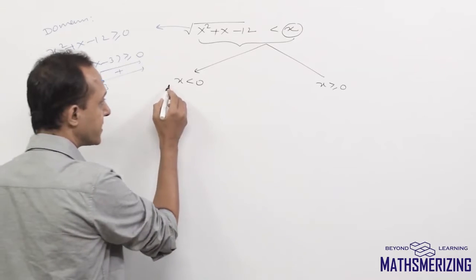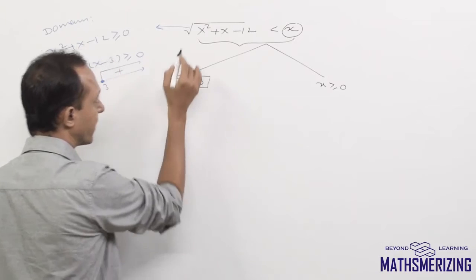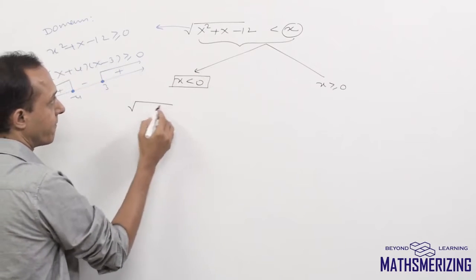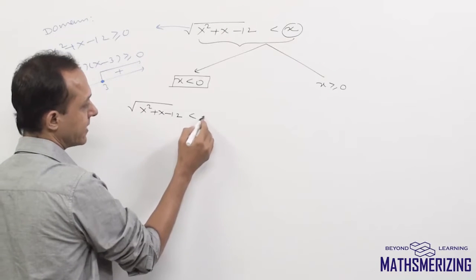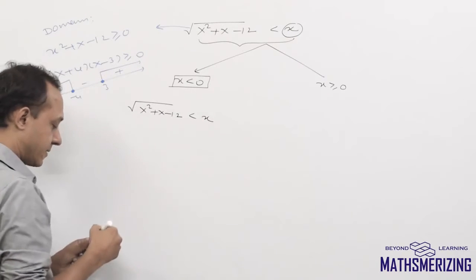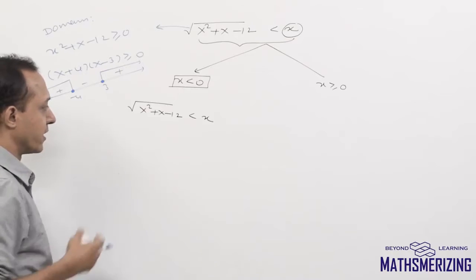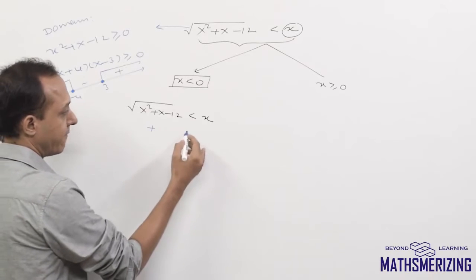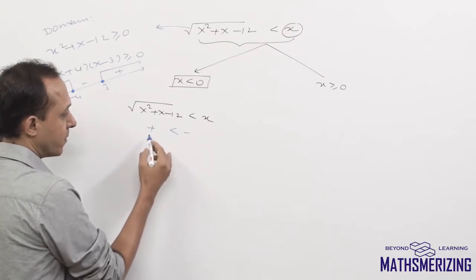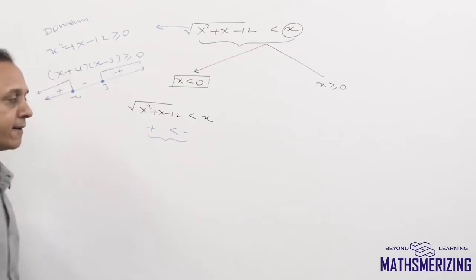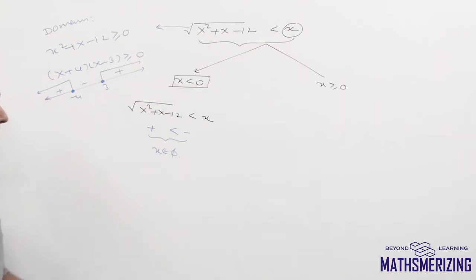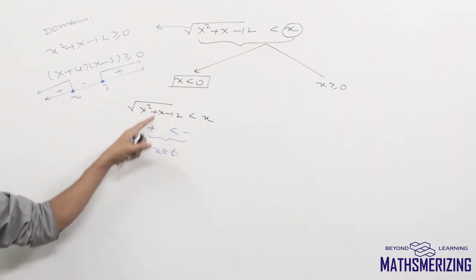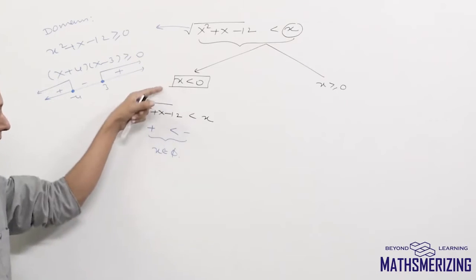When x is less than 0, the condition is under root of x square plus x minus 12 is less than x. So there is a positive expression on the left hand side and a negative expression on the right hand side. A positive number cannot be less than a negative number. So in the first case, we don't have any solution.